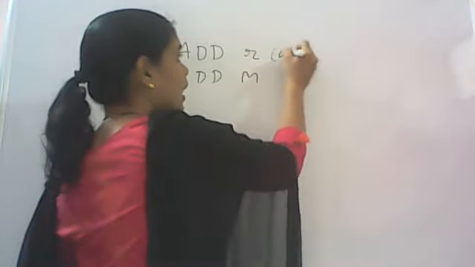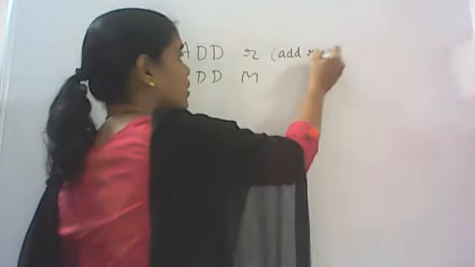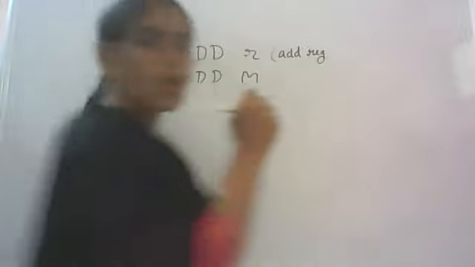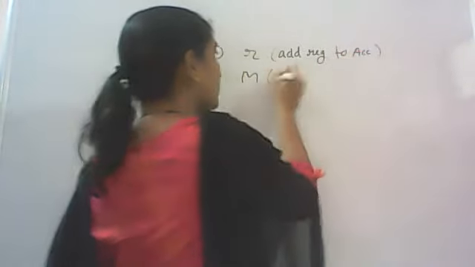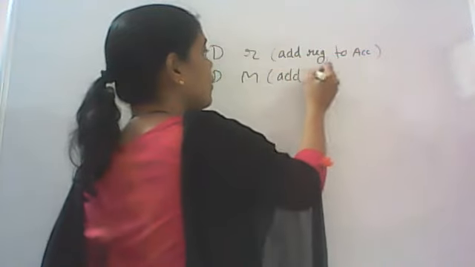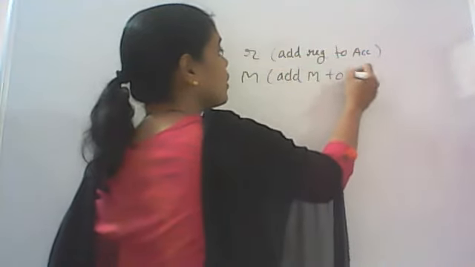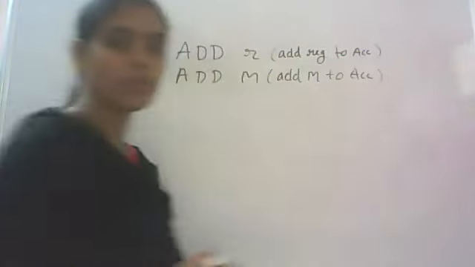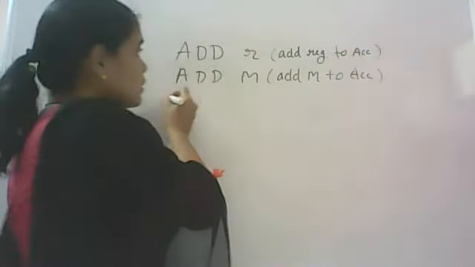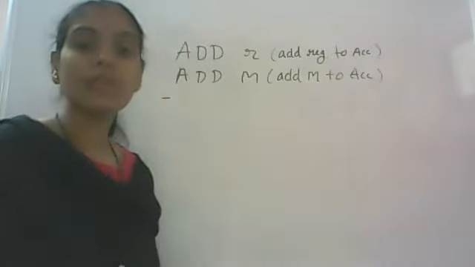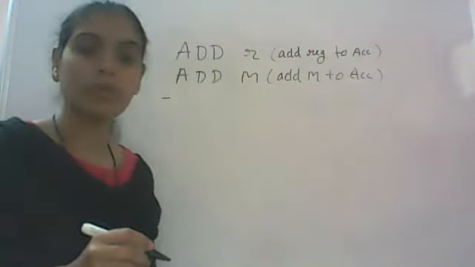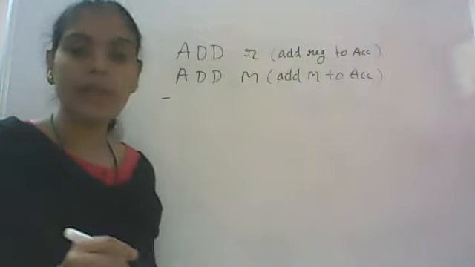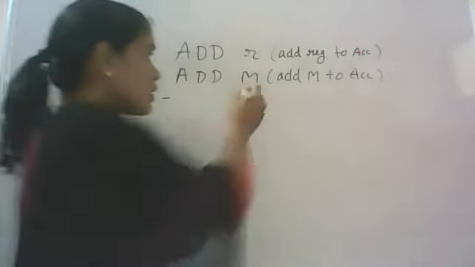Add register to accumulator, and add memory to accumulator. In this instruction, the content of a register or memory is added to the content of the accumulator.